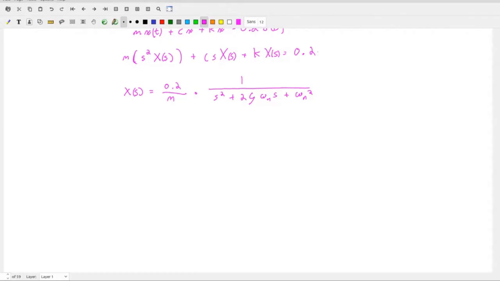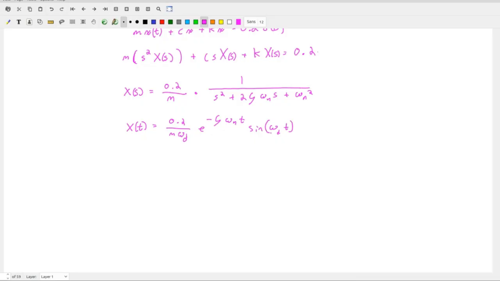And this is going to give us just what we had before, which is x of t equal to 0.2 over m omega d e to the negative zeta omega n t sine of omega d t.